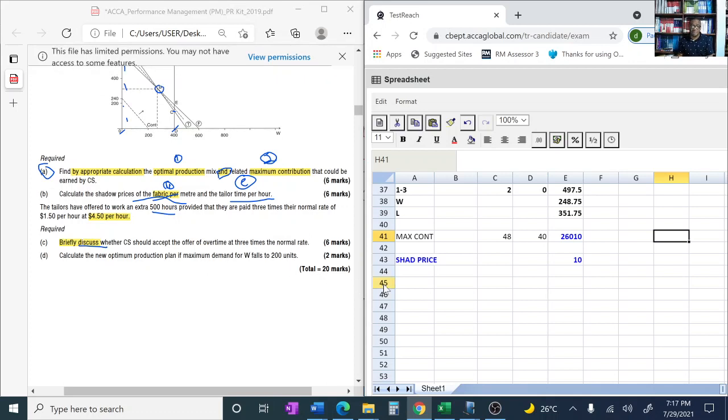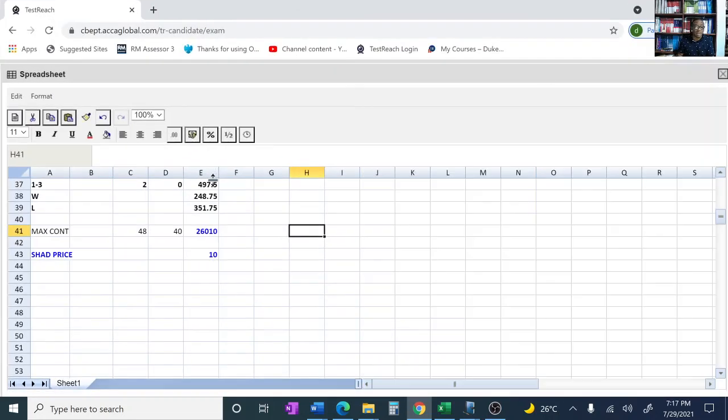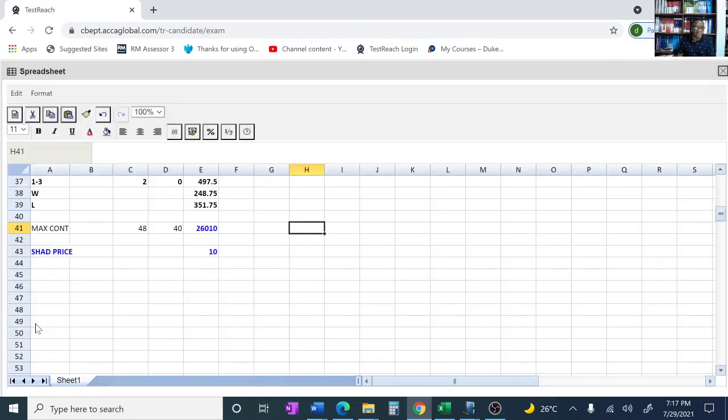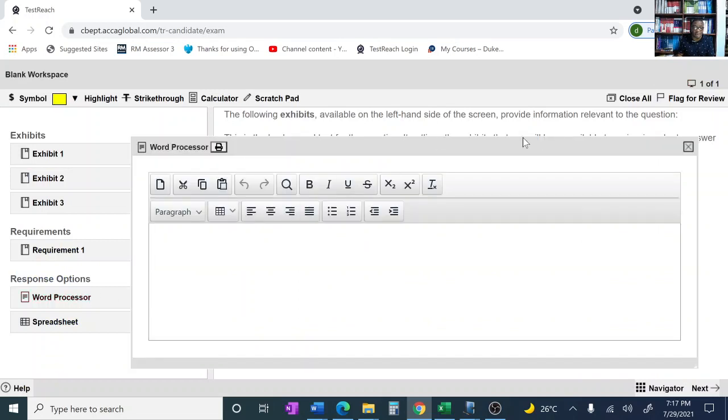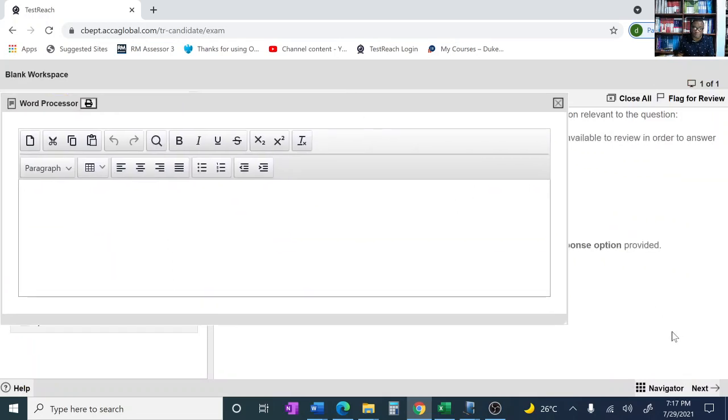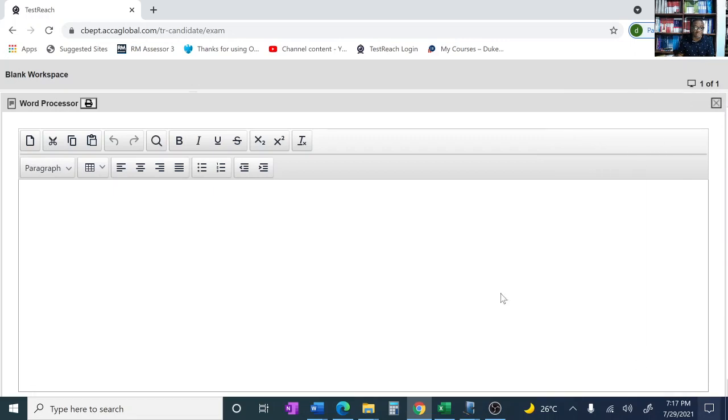Now it says briefly discuss whether the company should accept the offer of overtime at 3 times the normal rate. Let me just pick a word processor here. So this is what you should expect, a word processor.